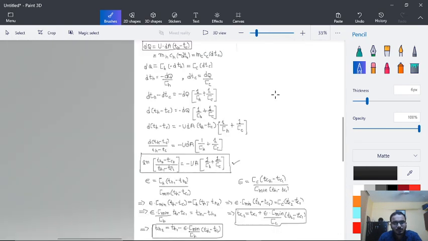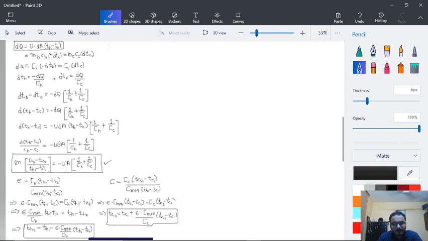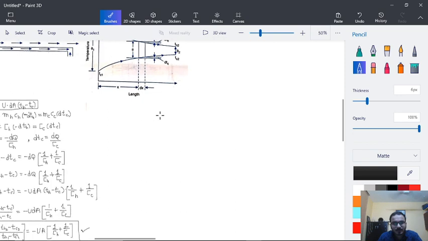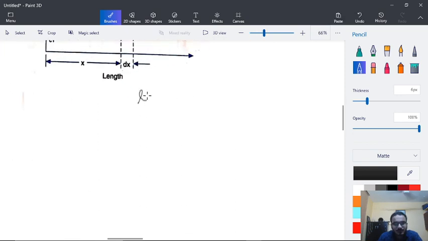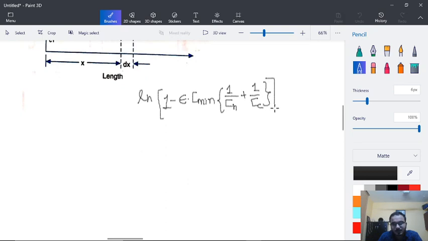Ln of the ratio that we found is 1 minus epsilon into C minimum into 1 upon Ch plus 1 upon Cc is equal to minus UA into 1 upon Ch plus 1 upon Cc.